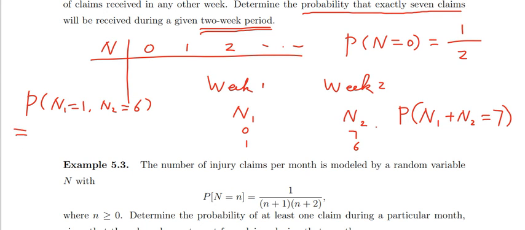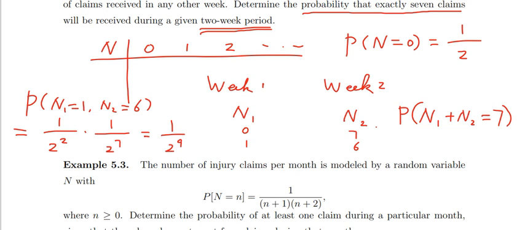We say week 1 and week 2 are independent. So we just check week 1, N1 equals 1, which is 1 over 2 to the power 1 plus 1, so 2. And N2 equals 6, so 6 plus 1 equals 7. So this equals 1 over 2 to the 9.